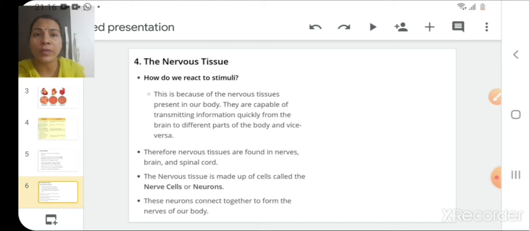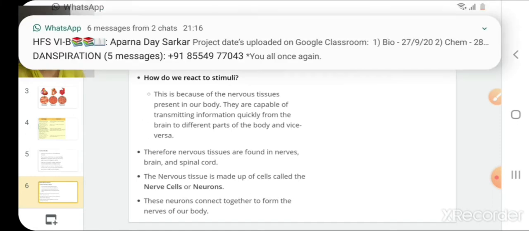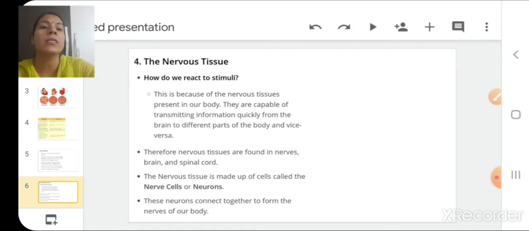And this is also one of the major questions generally asked: what is the unit of our nervous system? The unit of nervous system is the neuron. The unit of our body is the cell. In the same way, the unit of our nervous system is the neuron. These neurons connect together to form the nerves in our body.